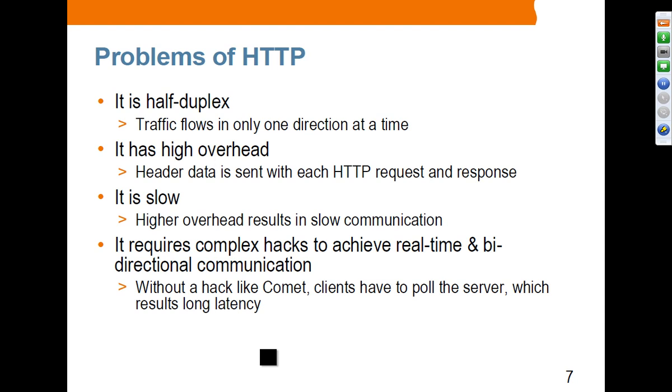And it requires complex hacks to achieve real-time bidirectional communication. We actually talked about server-side push yesterday a little bit, right? Comet or server-side push, Ajax push, and things like that. You can think of Comet as a hack because HTTP does not really support this event-driven model from the server to the client, right? So in this case, the client either has to poll or it has to use long polling, which is actually Comet or Ajax push kind of technologies.